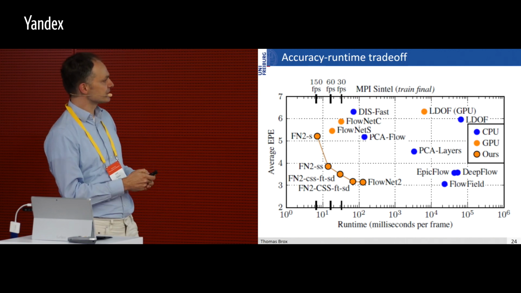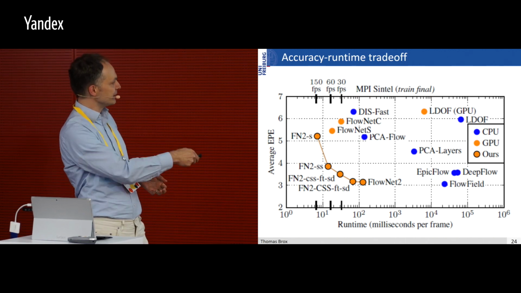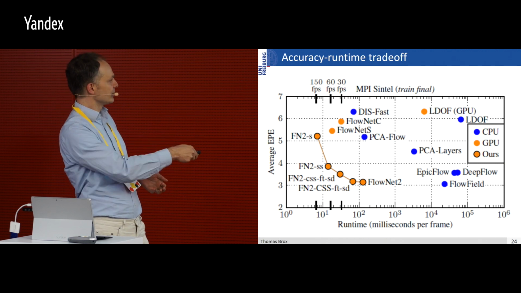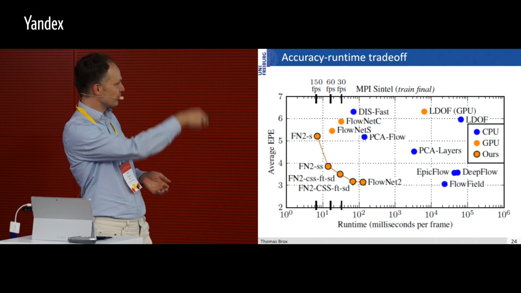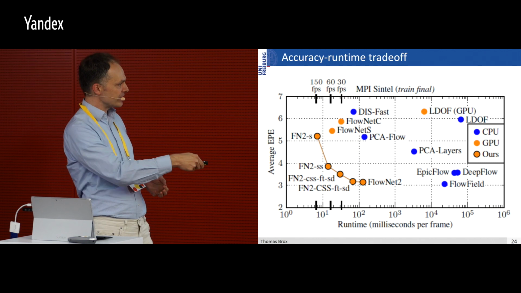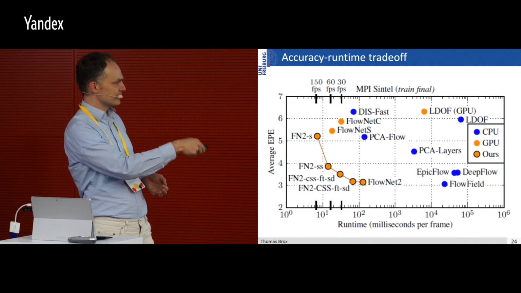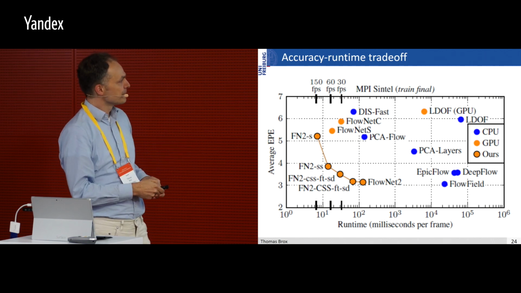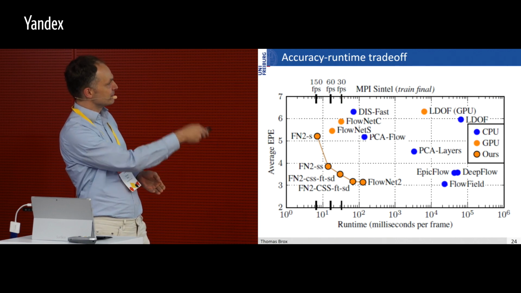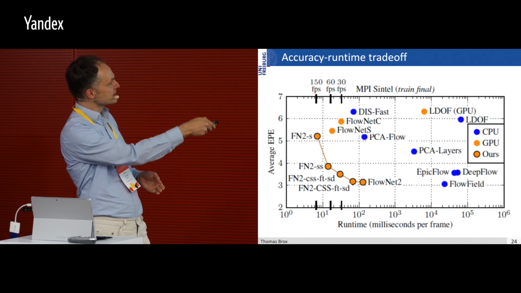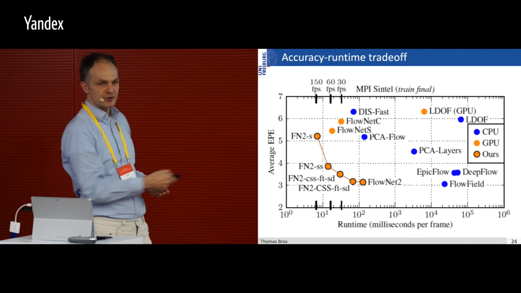You see that here. So this is a graph that has the accuracy or the error. Yeah, so this area is better, smaller error, and runtime trade-off. So also this is better here, smaller runtime. And here are these new flow nets. These were the old ones, and you see here a couple of other methods.